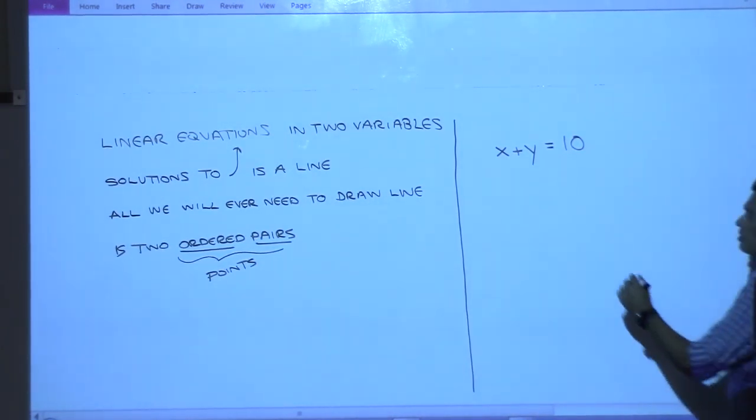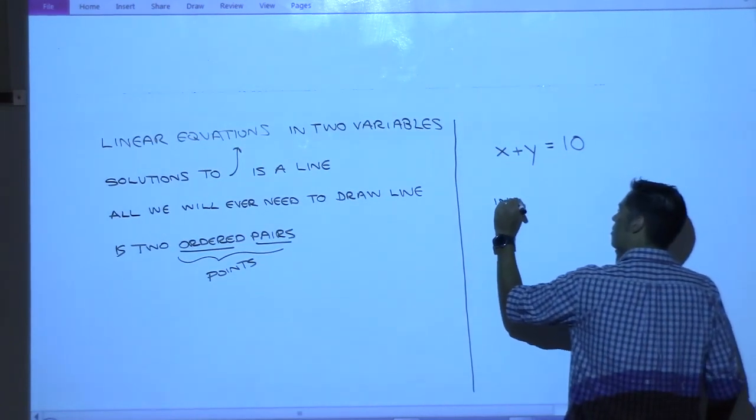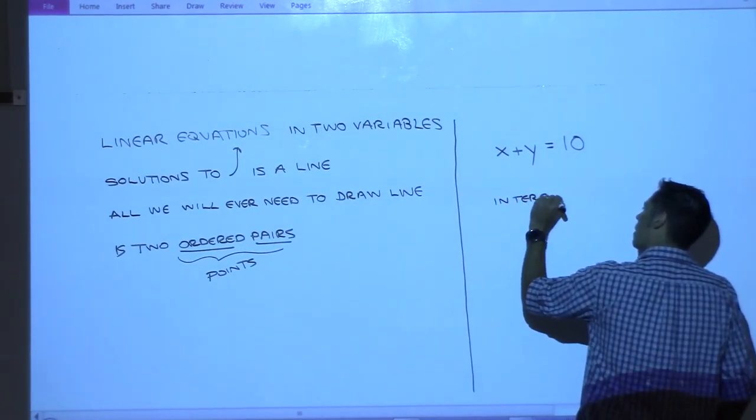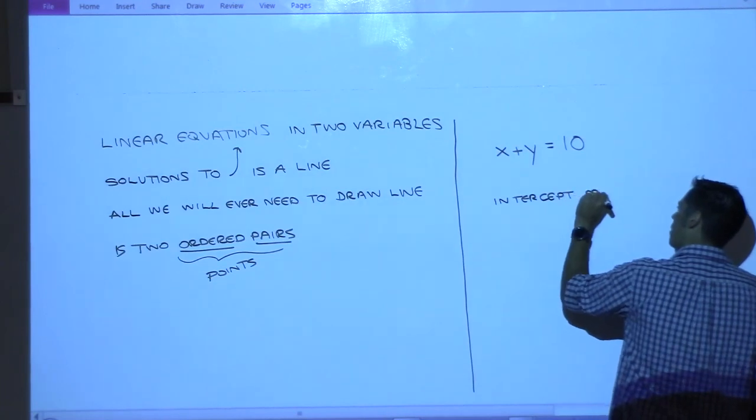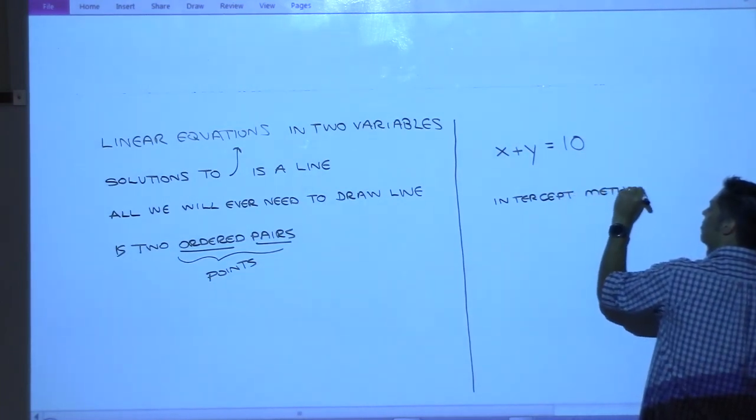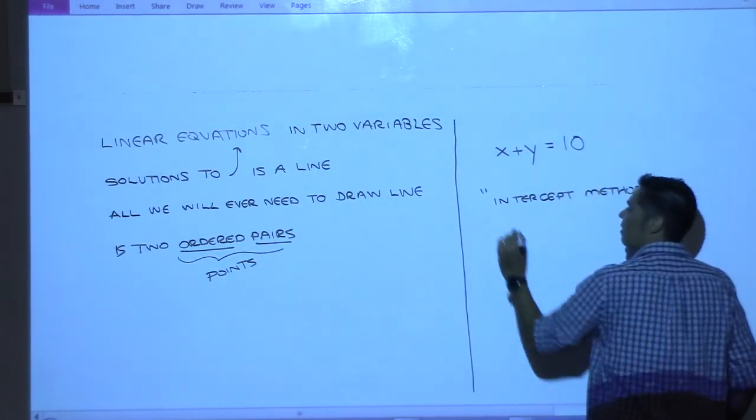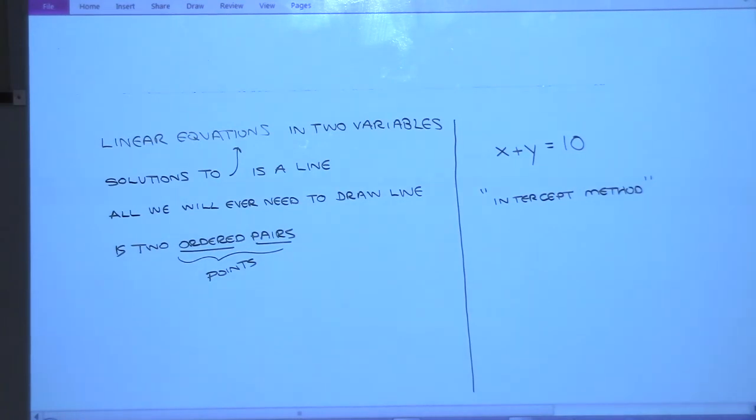So we are going to use right now what's called the intercept method. And there are going to be 2 methods we use. This is the first of the 2. On a test, I don't care which method you use, but you should be equally comfortable with both. So the way that the intercept method works is this.